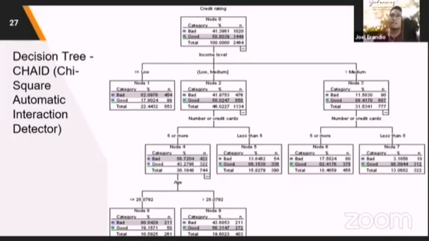Kasi sa dataset natin in the academe, most of the time we treat our samples linear. That's why when we ask for the relationship, we always use Pearson R, the correlation. We always use regression because we treat our samples linear.